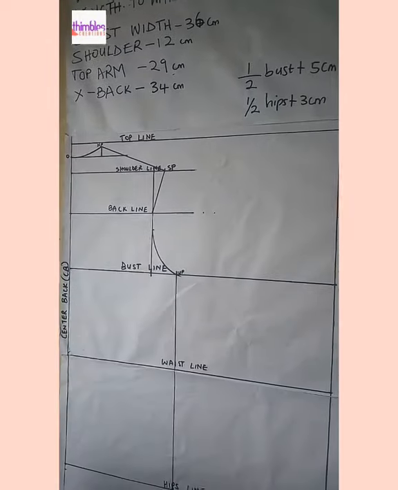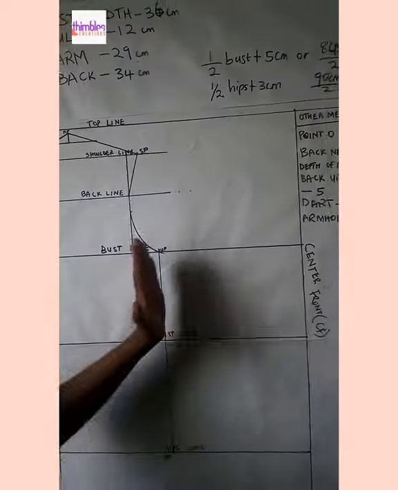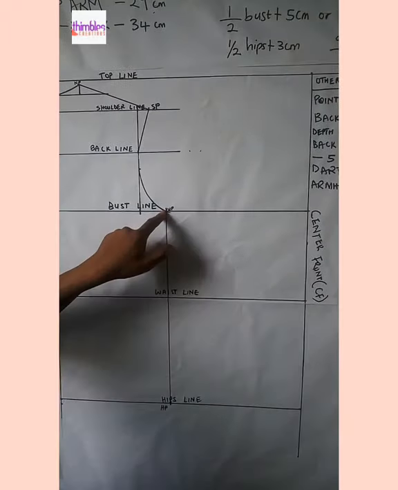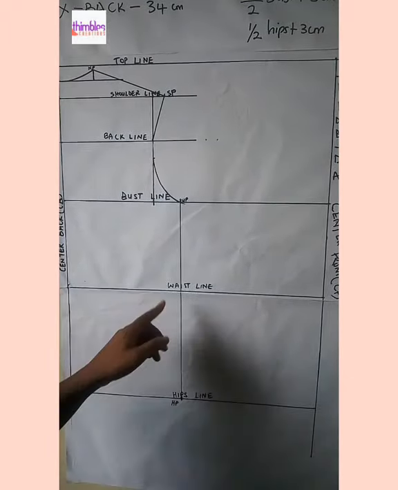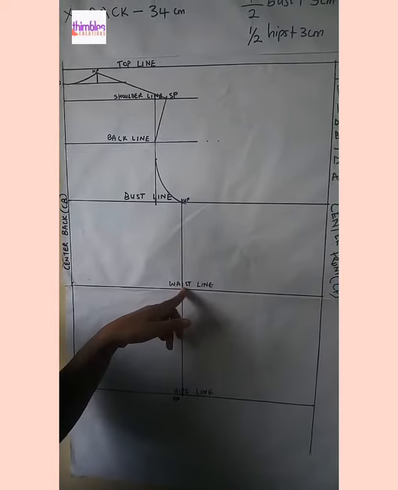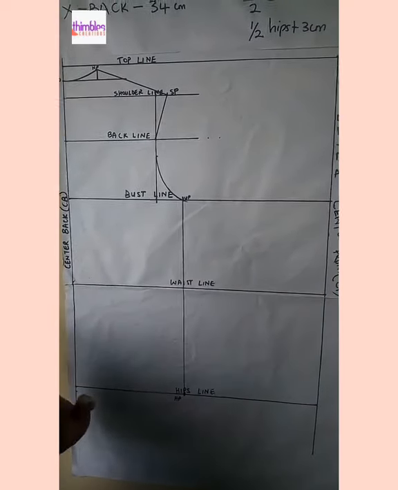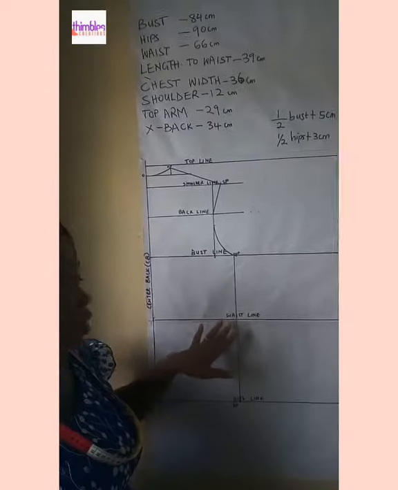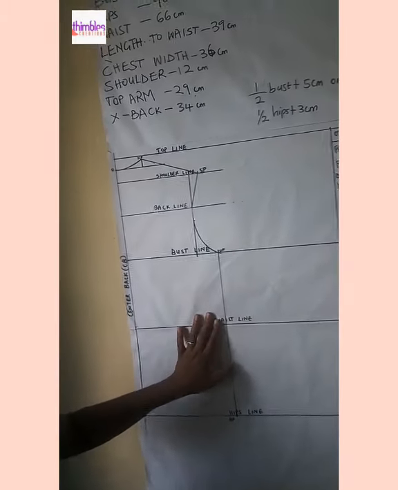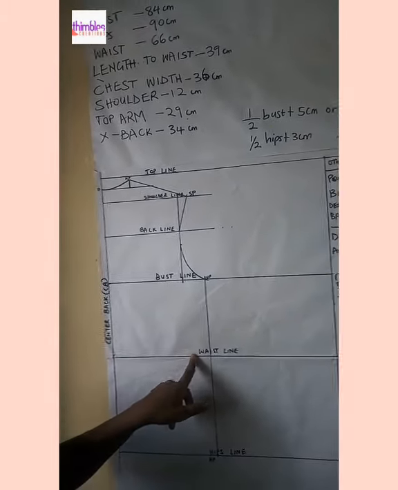Okay, so this is the line from the UP to the HP. Now on the waistline, the next thing is to get your inner waistline.